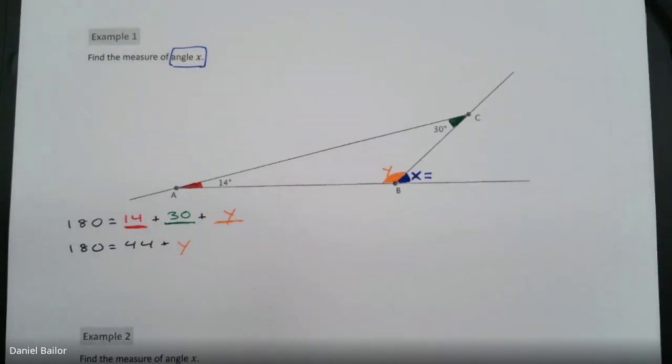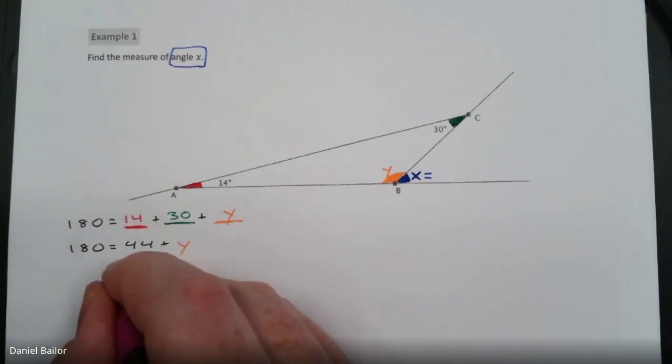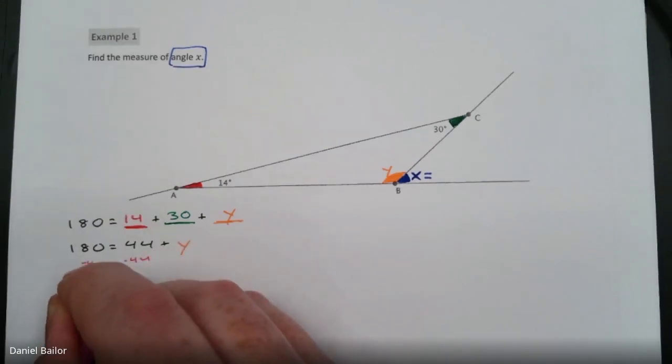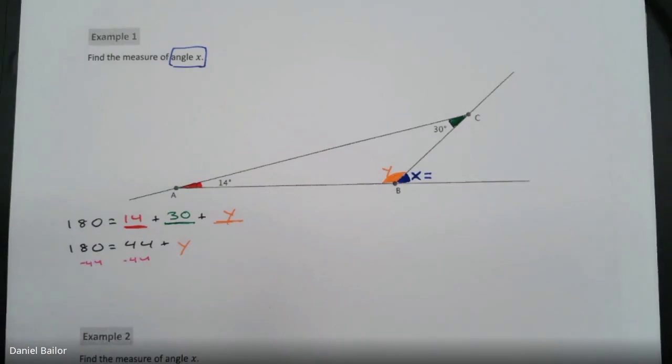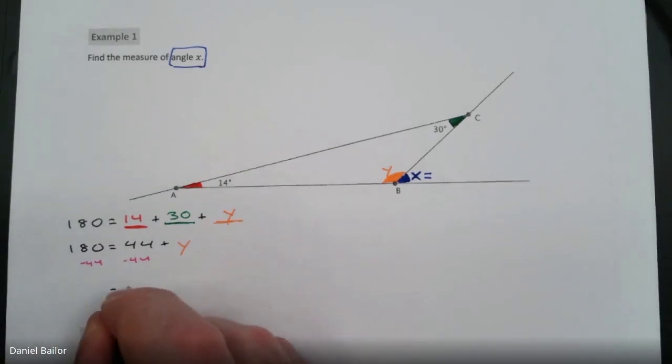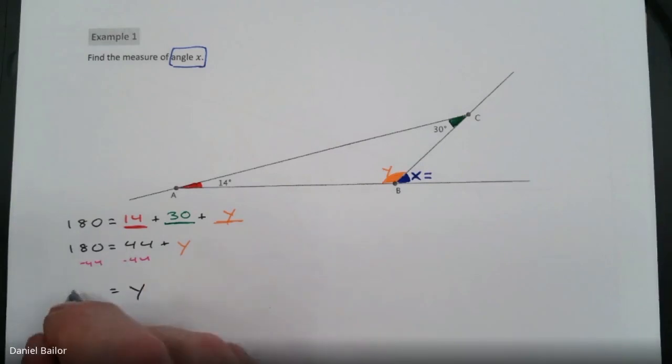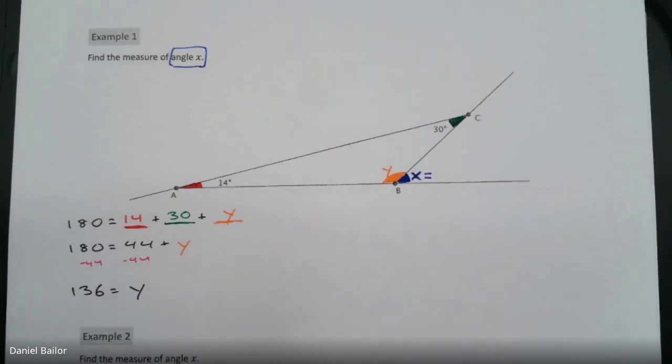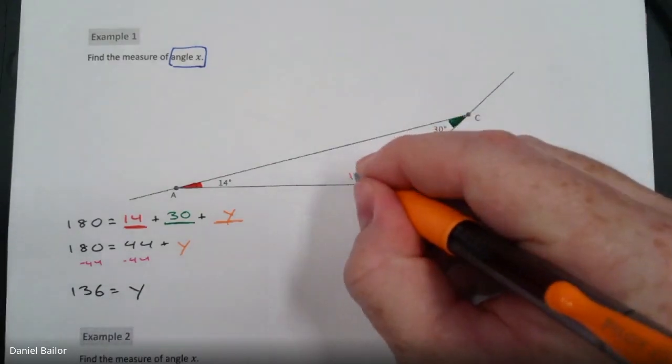To find the missing number, I need to figure out what 44 plus something makes 180. So if I subtract 44 from both sides, that will tell me the missing piece. So I get y equals 136. I'll do the math quickly for you. The missing piece is 136 because 44 plus 136 is 180. So now I know that this equals 136.